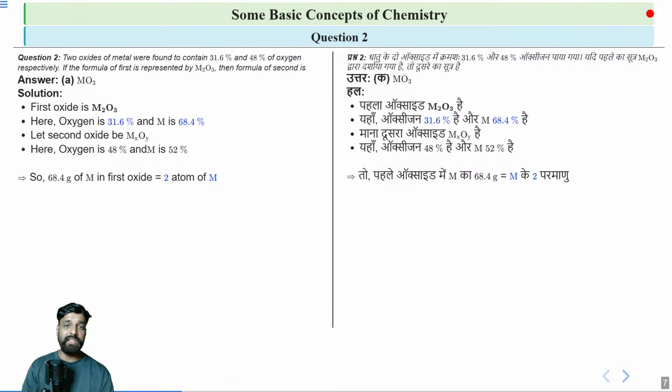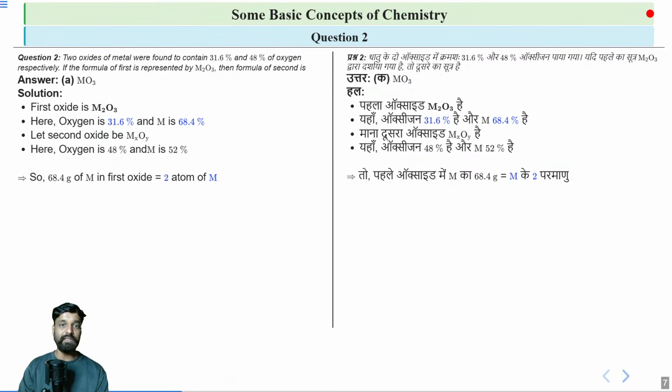What does it mean? It means that 100 grams of that first metal oxide contains 68.4 grams of metal and 31.6 grams of oxygen. Clear?